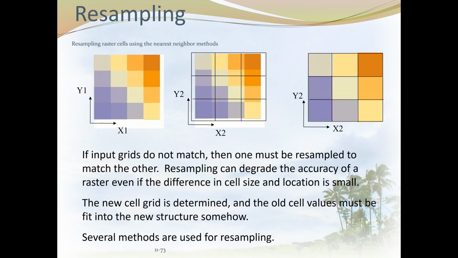Users may resample purposefully in order to align rasters with each other or to decrease the resolution of a data set. Resampling must occur anytime two rasters with different cell sizes are analyzed together. Even if the rasters have the same size, the cells might not be aligned with each other, requiring that resampling occur. And here is an example of resampling.